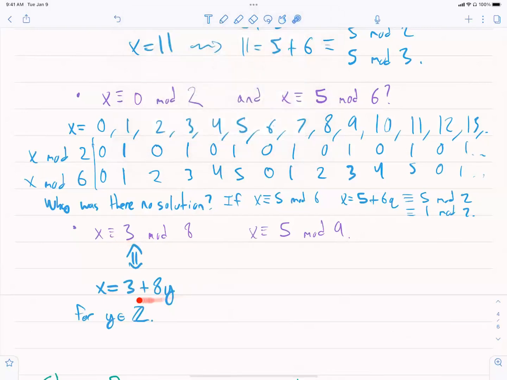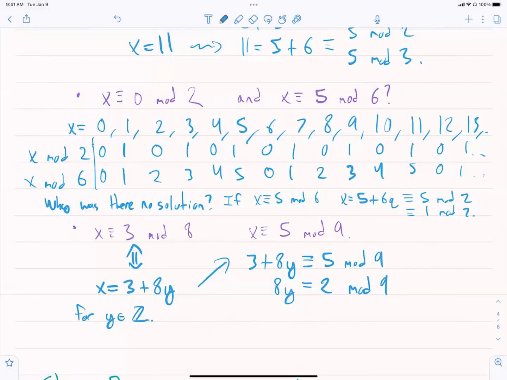But now I can take this and substitute it over here. So then I get 3 plus 8y is congruent to 5 mod 9. So I get 8 times y is congruent to 2 mod 9.